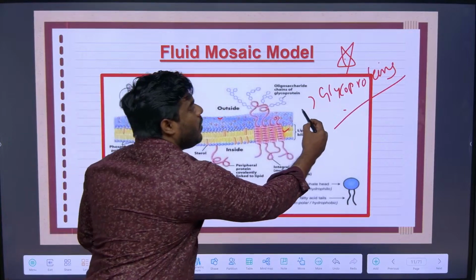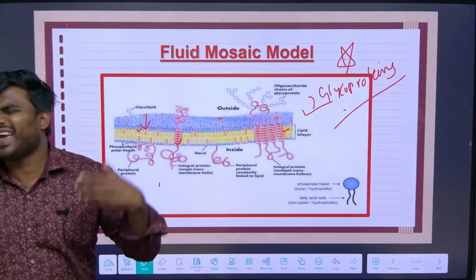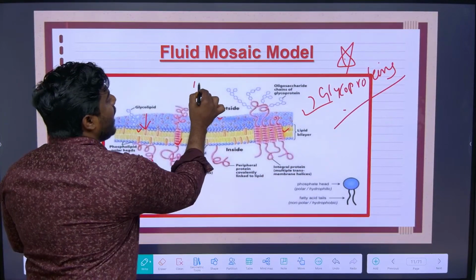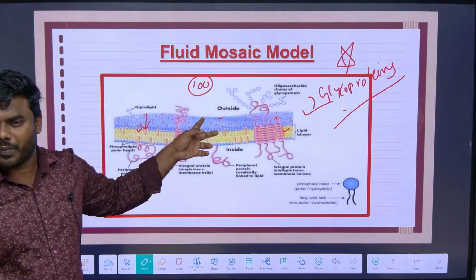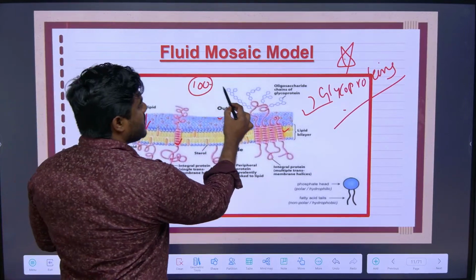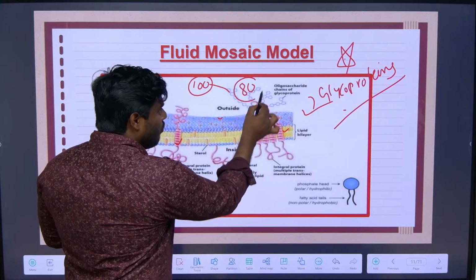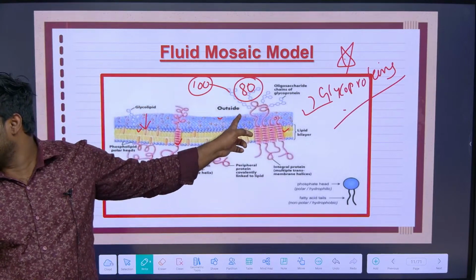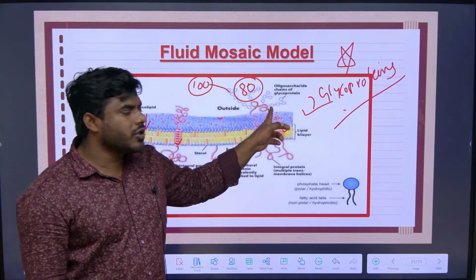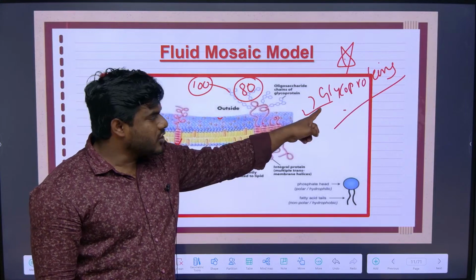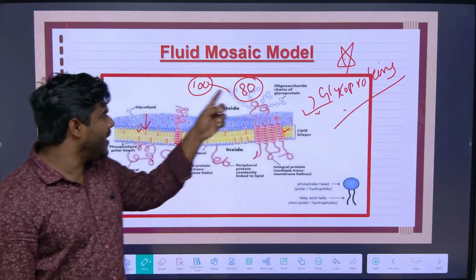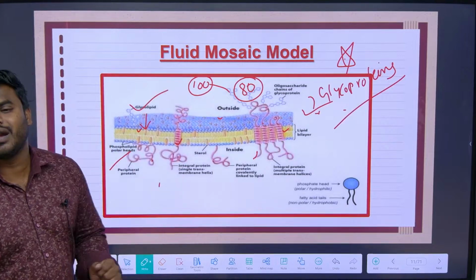Obviously glycoproteins. For example, let's consider 100 sugars are there on the plasma membrane. Of those 100 sugars, mostly 80 are strictly attached to the proteins only. That's why glycoproteins are more abundant compared to glycolipids.